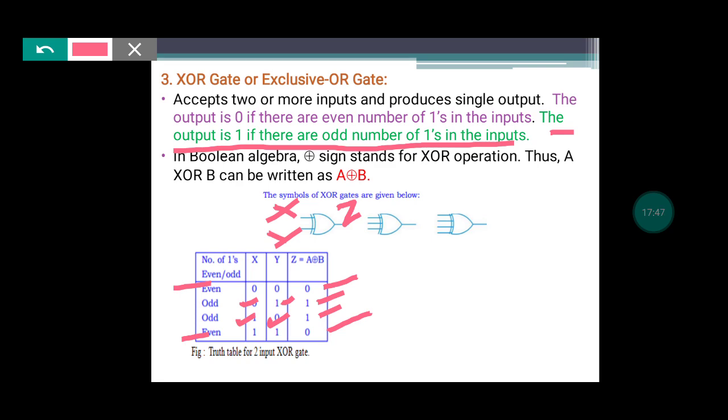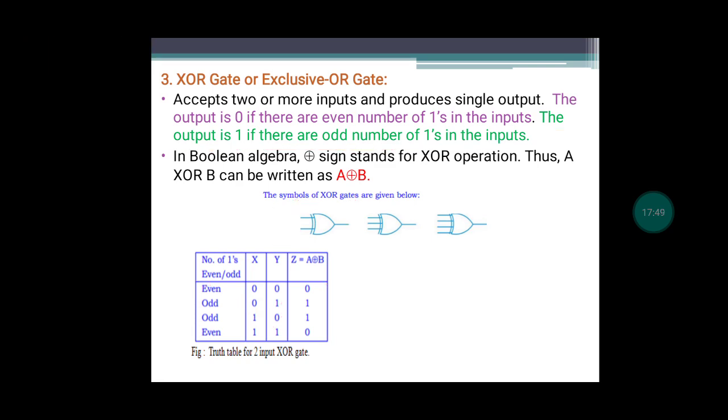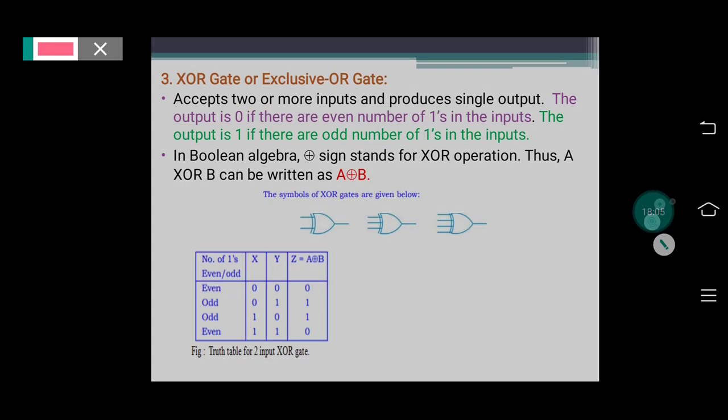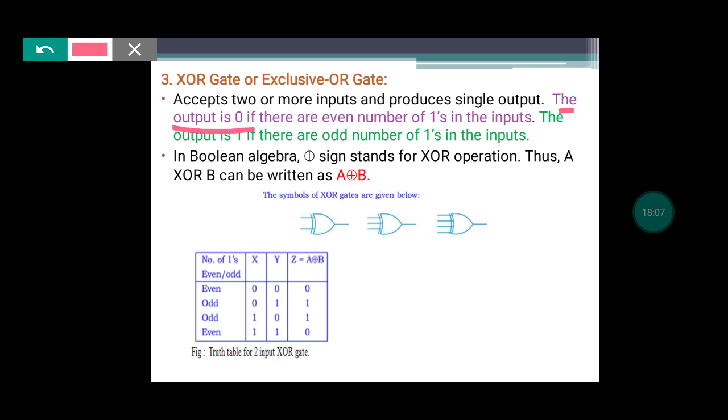I hope you are getting it. So what is the behavior of this XOR gate? The XOR gate can accept 2 or more input signals, but it always produces a single output. The output is 0 if there are an even number of ones in the input signal.